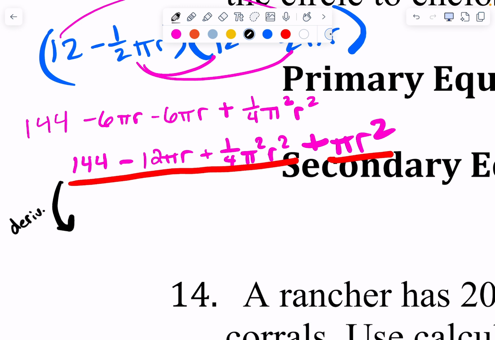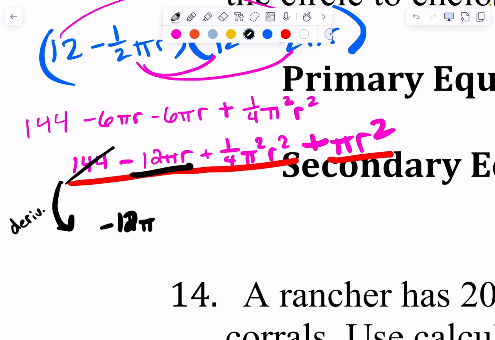What variable am I doing? R, right? Pi, keep in mind, pi is a number. Pi is not a variable. So looking here, I don't have to use the product rule, true? Because pi is a number, yeah? Okay, so what's the derivative of 144? Gone. Derivative of negative 12 pi r: negative 12 pi, right?